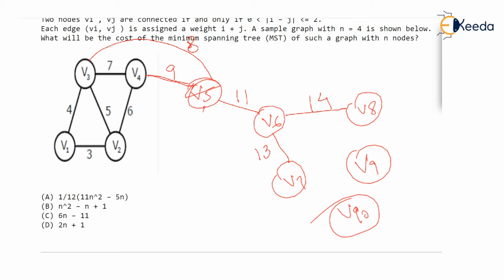Yes, because the difference between the indices is 2, and the weight of this edge will be 12. Just check further, V6 will not be connected to any other vertex, because now the difference is more than 2, isn't it? And they are asking us the cost of the path from V5 to V6.